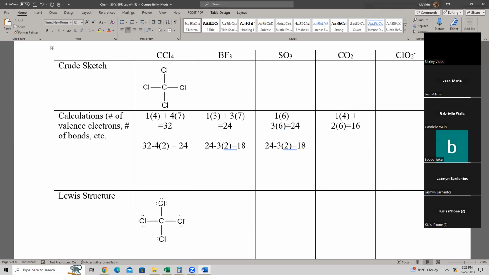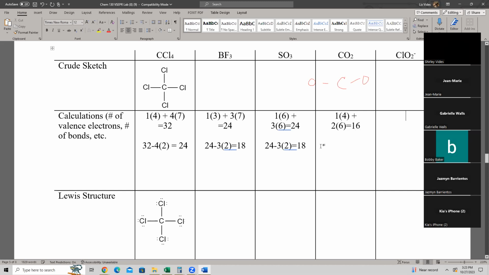Right, so let's do the crude sketch. Our crude sketch would look like this. You would have a carbon in the middle, right? And you have oxygen and oxygen. I know that's not the prettiest thing, but that's all right. All right, so next, what we need to do is take off those electrons that we used.